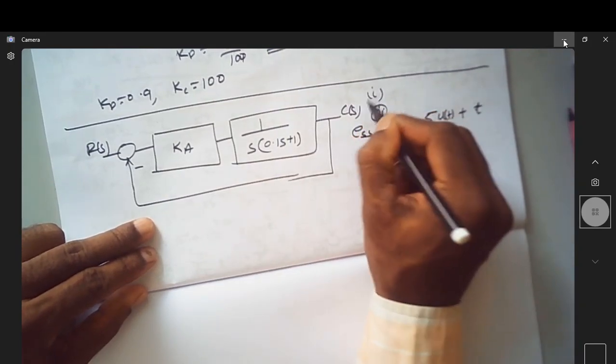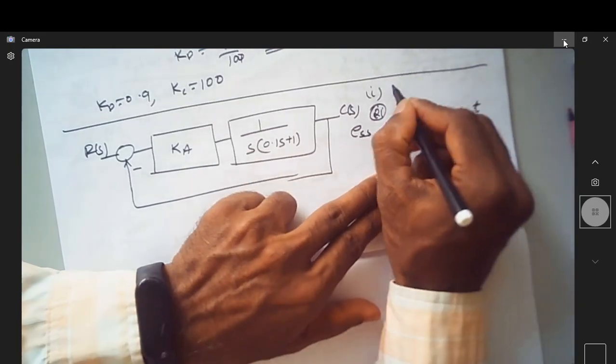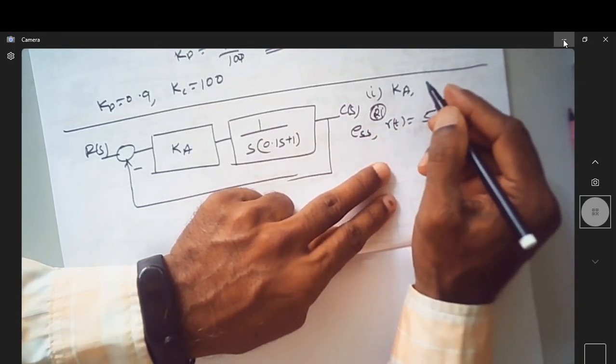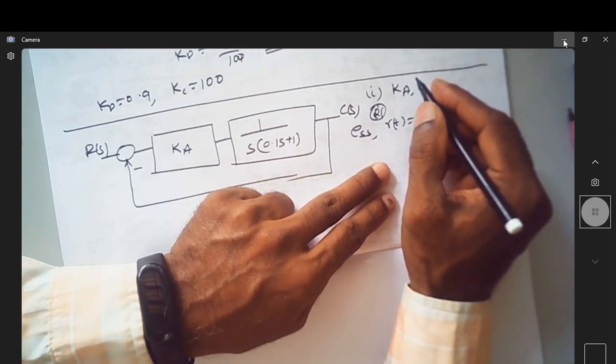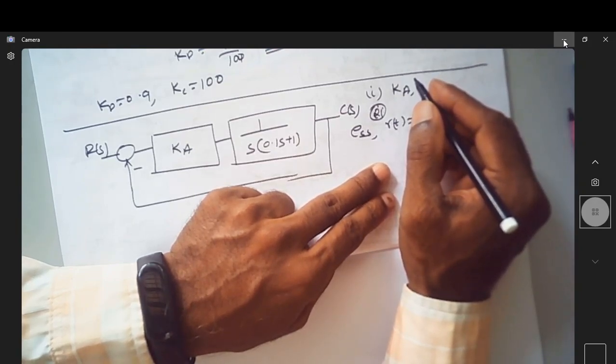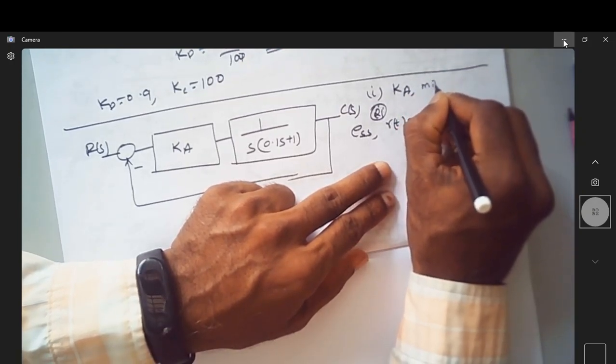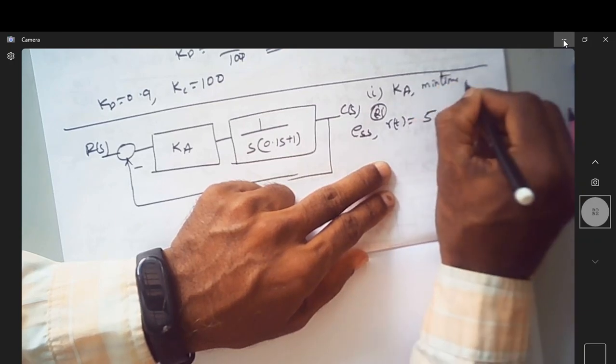The first part is actually we are asked to find the value of Ka so that the system reaches steady state in minimum time with no overshoot.